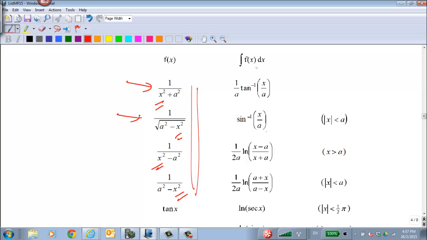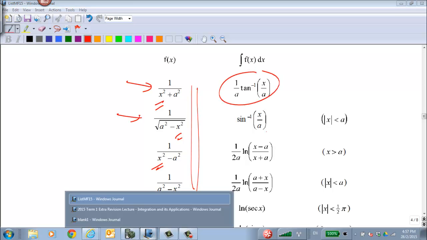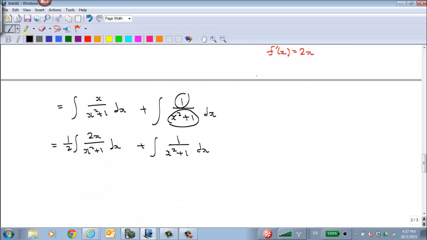So this is that particular integration. With this known, I will be able to continue. This will be x squared plus 1, but take note, I use the bracket instead of a modulus because I know that x squared plus 1 is positive. In usual cases, you will need to insert the modulus sign.